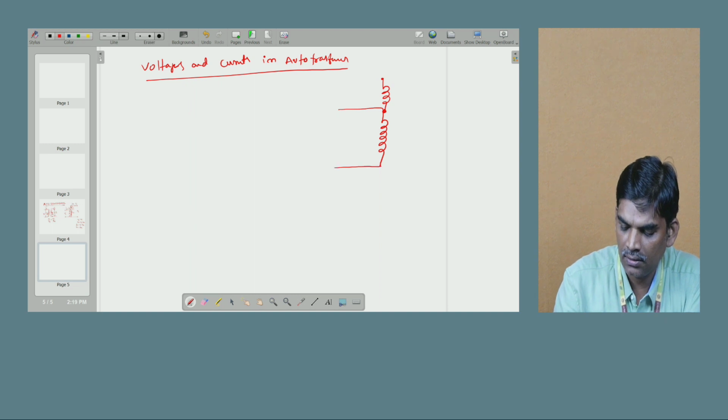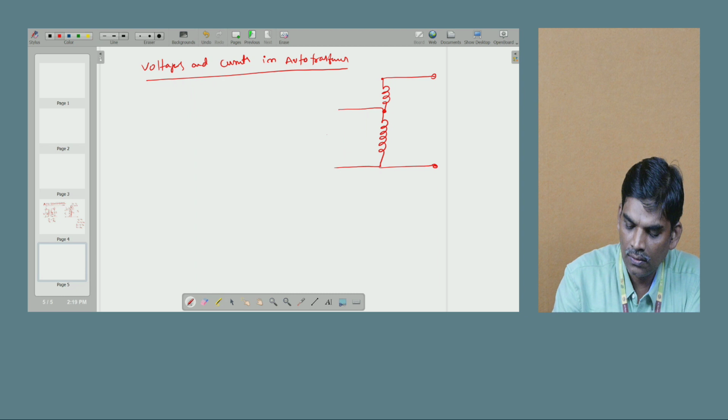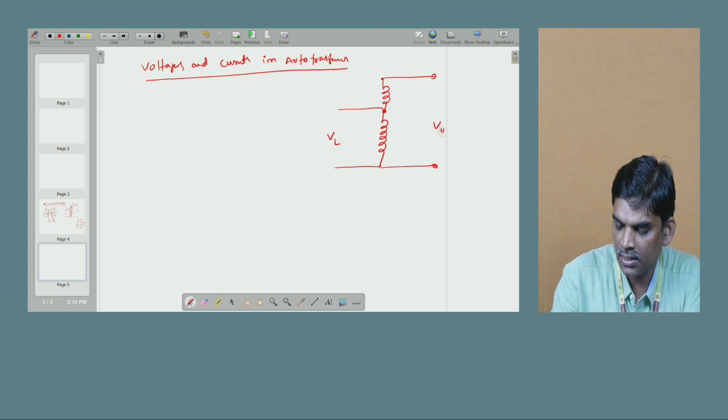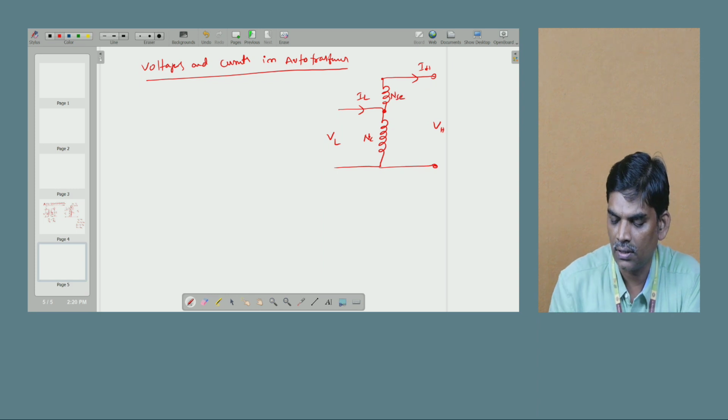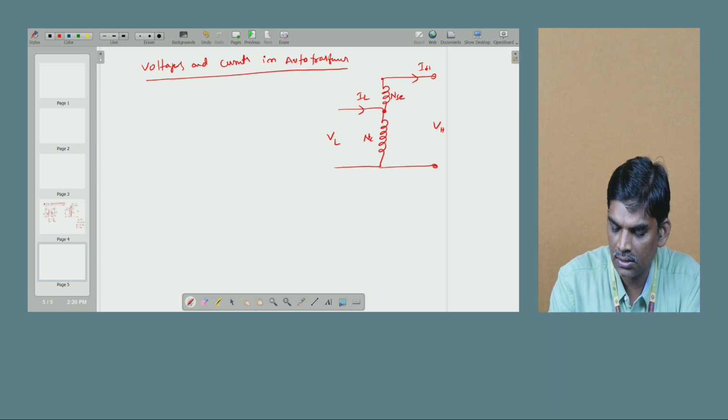We are connected here like this. This is the common, VL, VH, and this is called IH. This is called IL, NC, NSC. These are the numbers of turns. This current is the common current, and the remaining current IS is going like this.